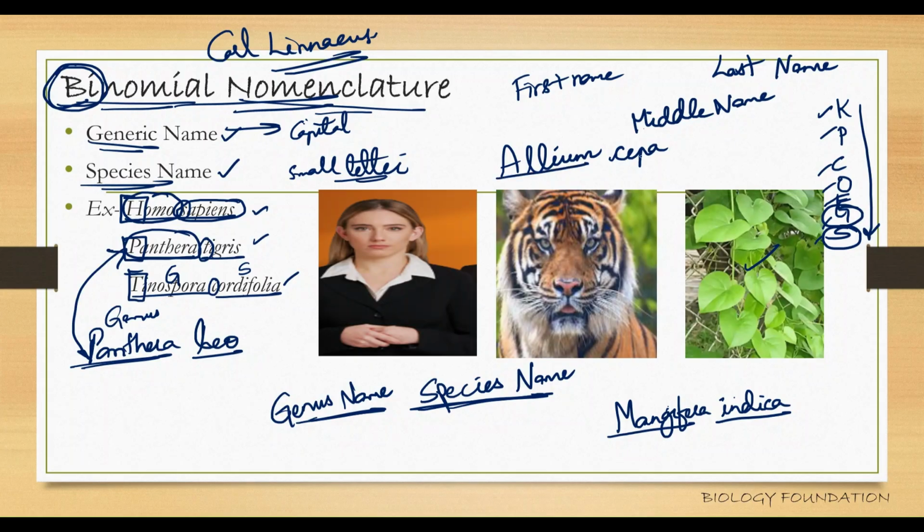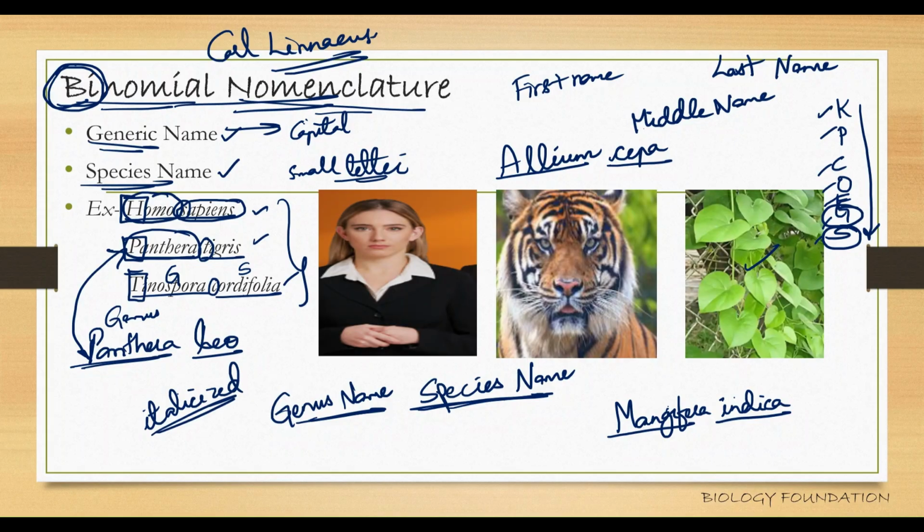And the generic name and the species name should be underlined separately when you write. But when you type or when it is printed, then scientific names should be italicized. That's a must. Okay, when you're printing scientific names, then they have to be italicized. And one more thing is the generic name should be in capital letter and the species name should be in small letter. Is it clear, girls?